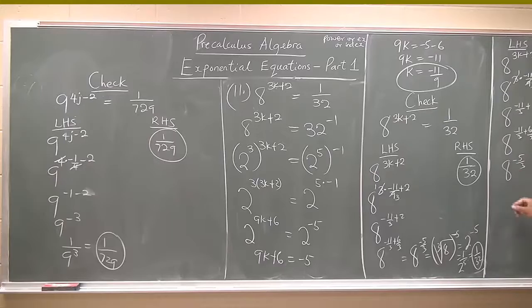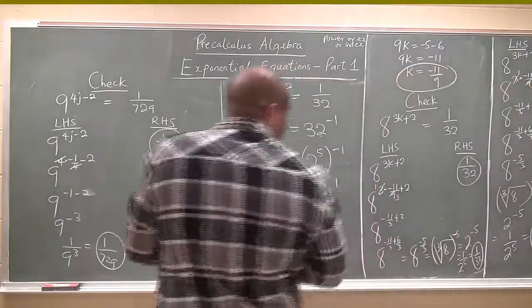And this means what? Cube root of 8 raised to power negative 5. Cube root of 8 is 2, so 2 exponent negative 5 is what? 1 over 2 exponent 5, which is 1 over 32. So that is what we got.